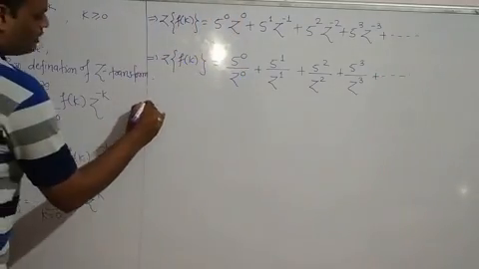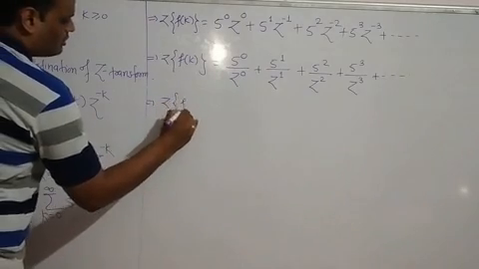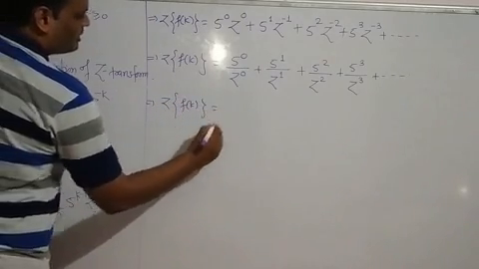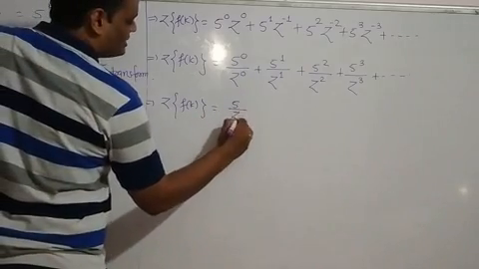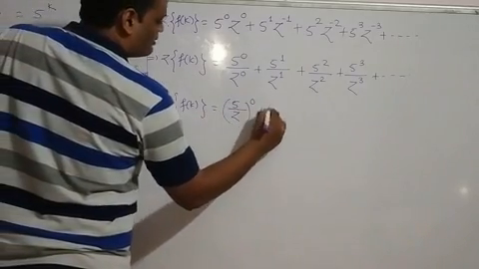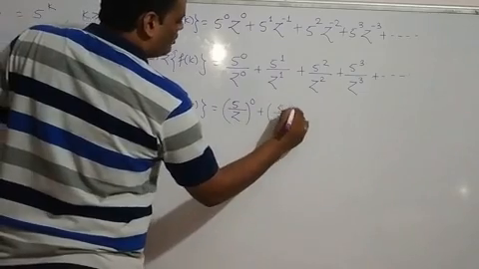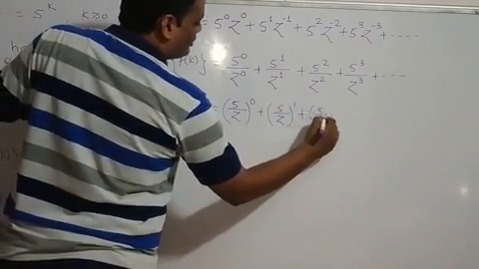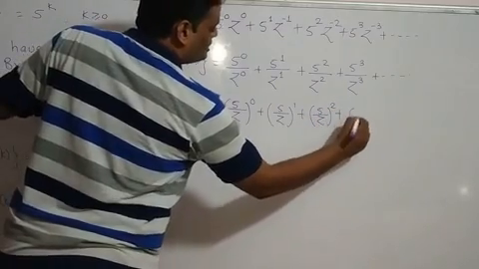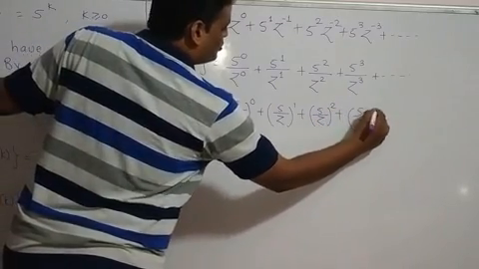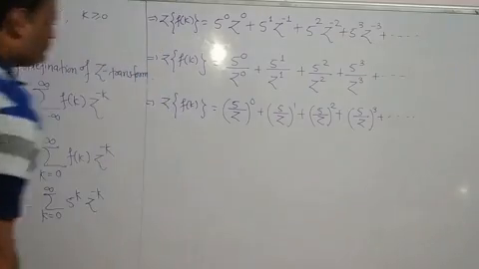Now we make the bracket raised to power. So you have 5 by z raised to 0 plus 5 by z raised to 1 plus 5 by z raised to 2 plus 5 by z raised to 3, and so on.